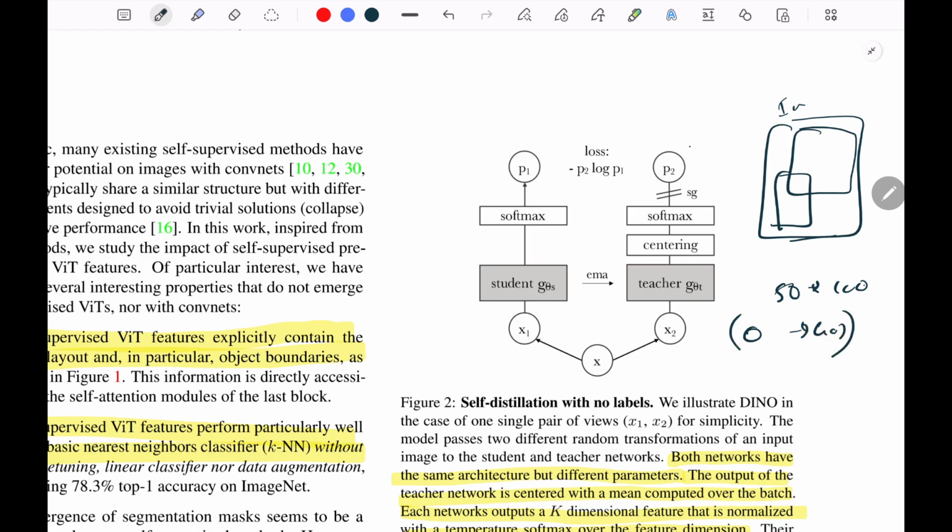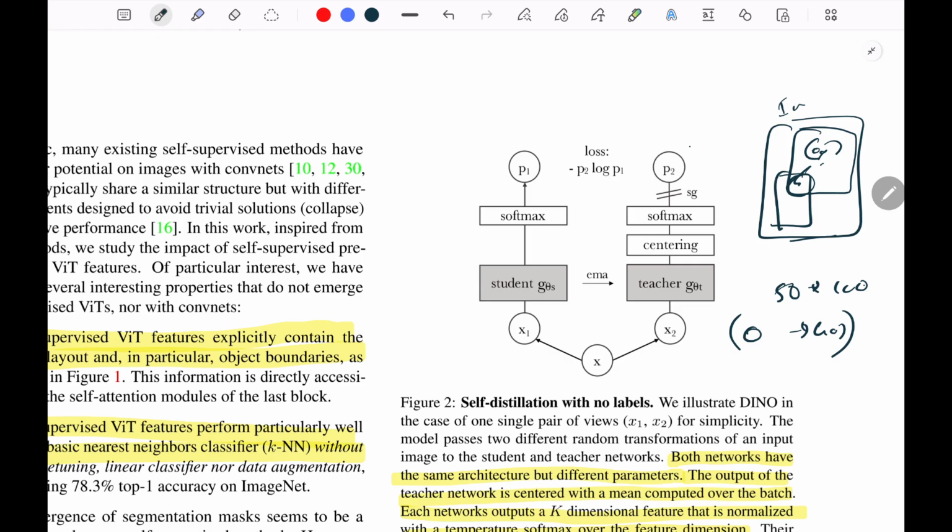So the student gets a smaller patch and the teacher gets a bigger patch. The idea is that when it's learning something like this, suppose this is a dog, the teacher will be able to see the entire dog, and the student will be able to see only the legs of the dog or something like that.